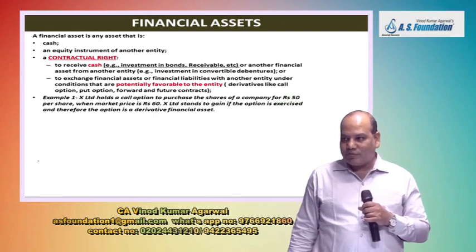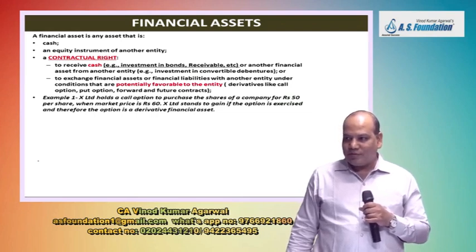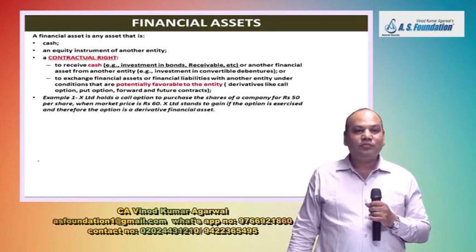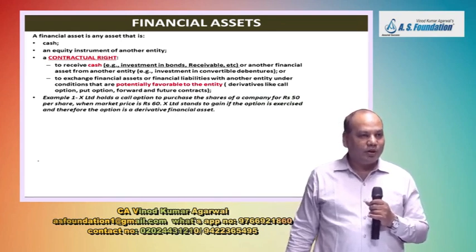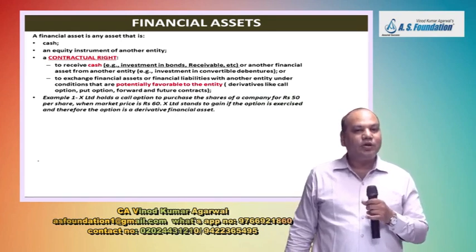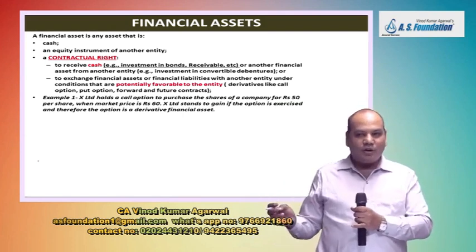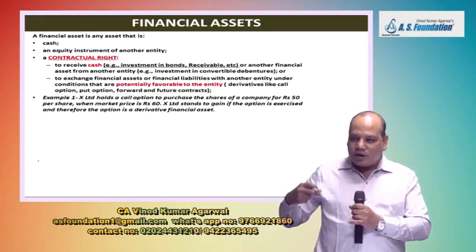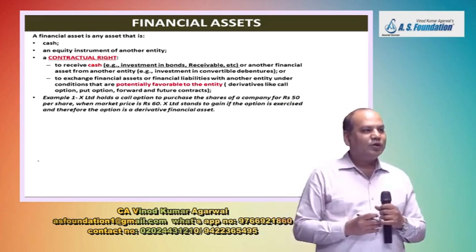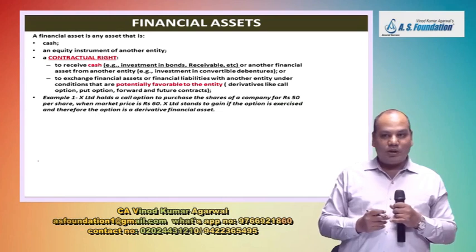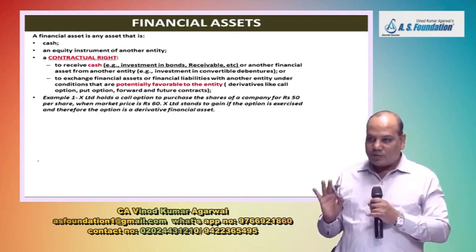Yes or no? Was it correct? Right to buy but not the obligation to buy. An option to buy means right to buy but not the obligation to buy. A specified quantity of an underlying asset at a specified price on a specified date in future, but the price is already locked in advance.